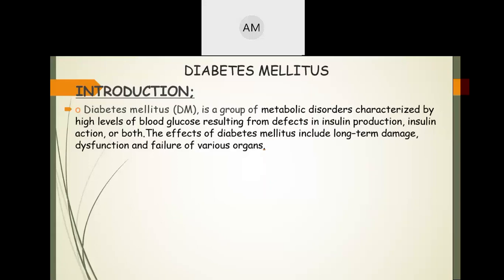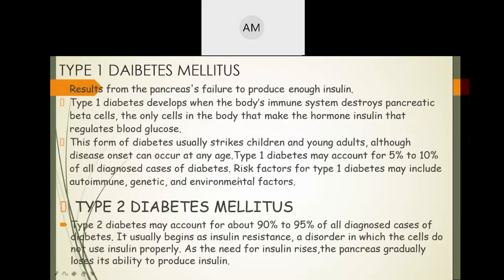The effects of diabetes mellitus include long-term damage, dysfunction, and failure. There are two types of diabetes mellitus: type 1 diabetes mellitus and type 2.